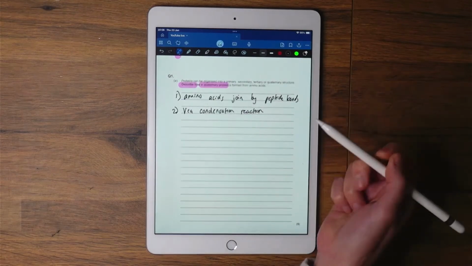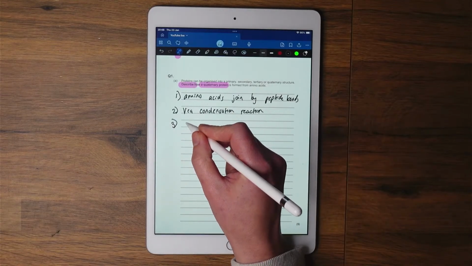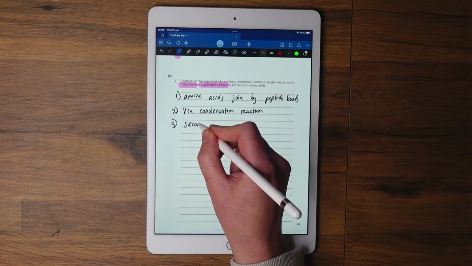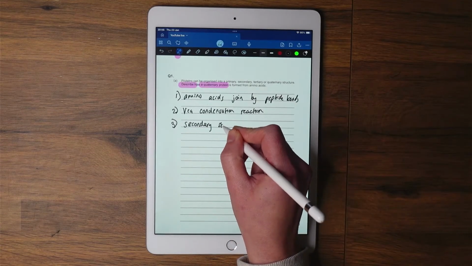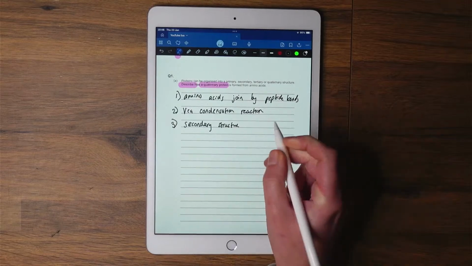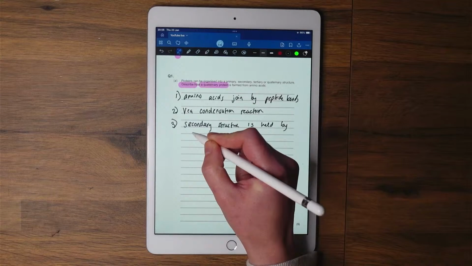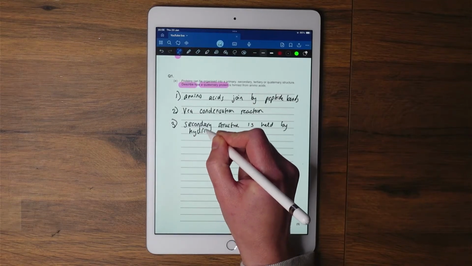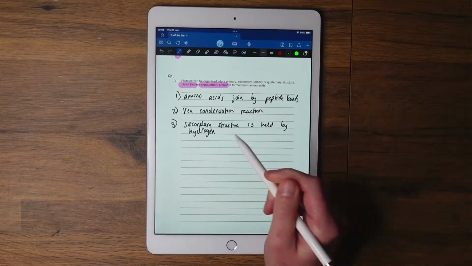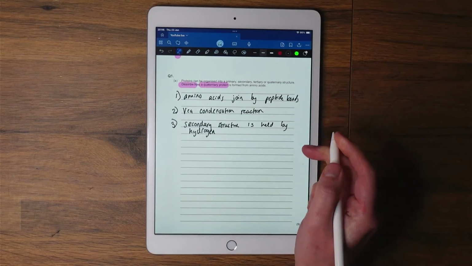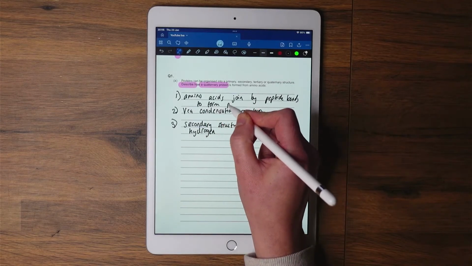So that now gives us the primary structure. I'm then going to say that the secondary structure is held by hydrogen bonds. There's always marks for talking about the bonds, so that's why I've gone peptide bonds would be in the primary. In fact, amino acids joined by peptide bonds, I'm going to say to form primary structure.